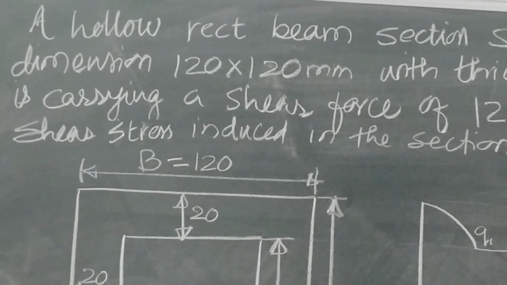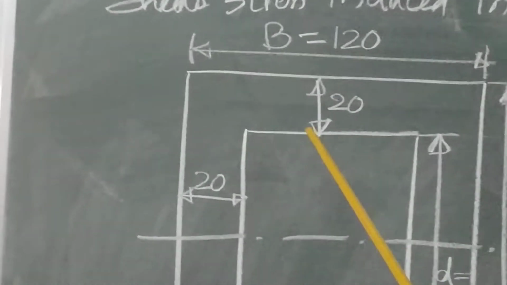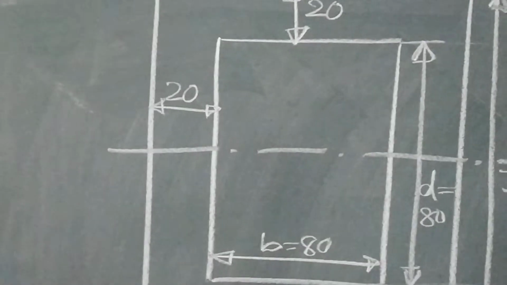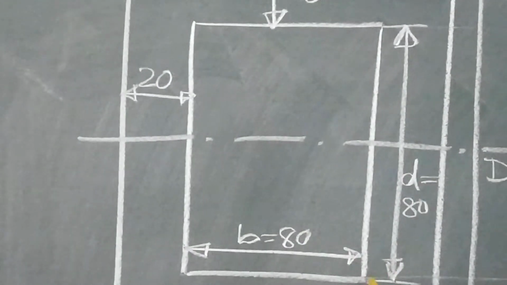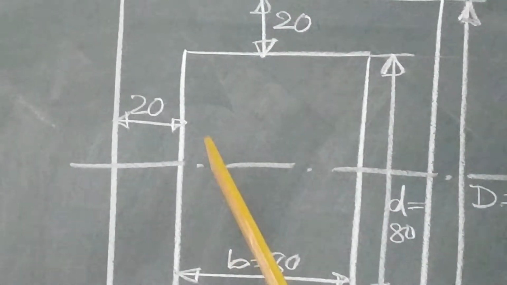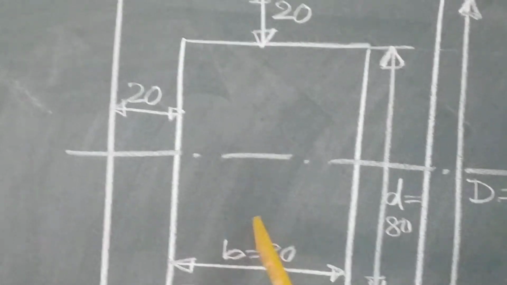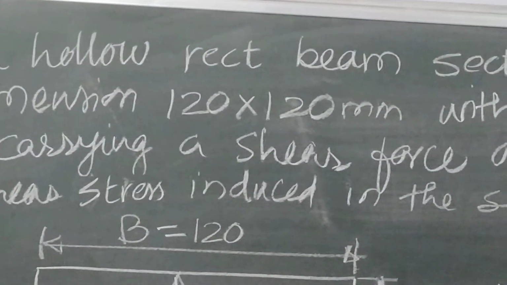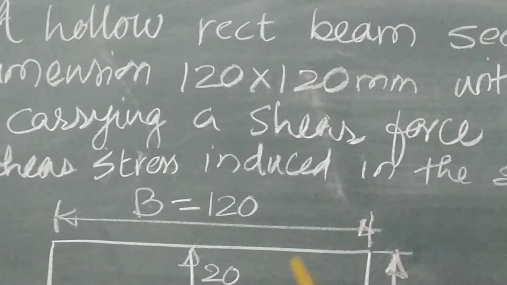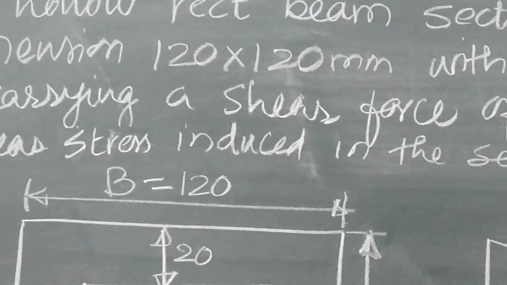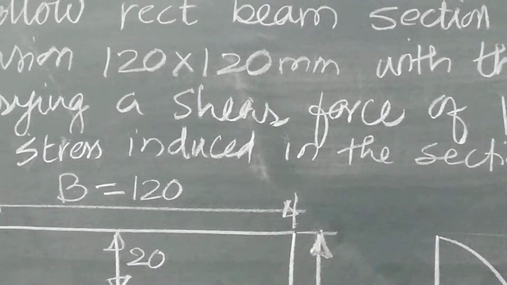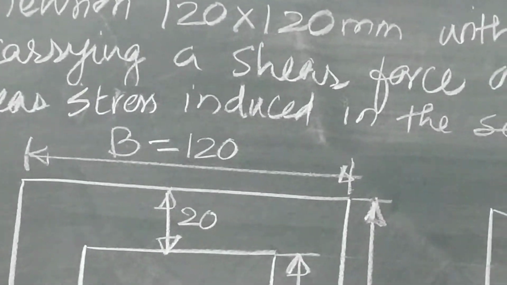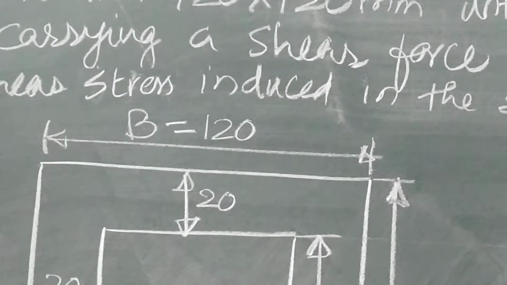So it is very simple to draw this base diagram, square 120 by 120 outer dimension and 80 by 80 inner dimension. The given data in this is dimensions B and D, small b and d, and thickness. Small b and d are not directly given, those are indirectly given.